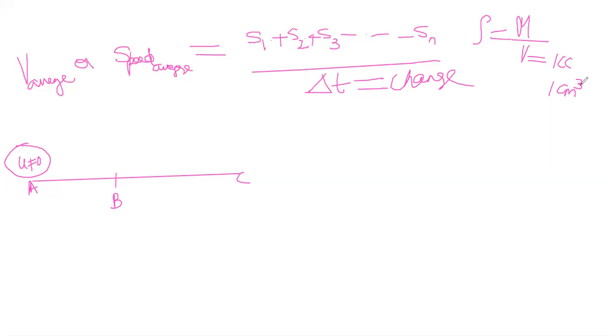Yes, volume is measured in cc or meter cube. There are 2 units for volume. 1 meter cube is equal to 1000 cc. Remember? 1 meter into 1 meter into 1 meter you do, you will get that.